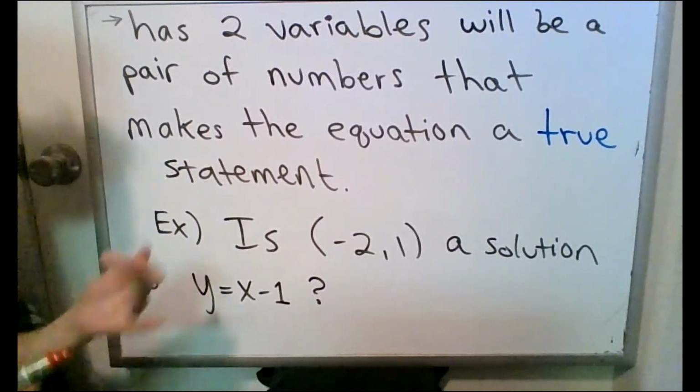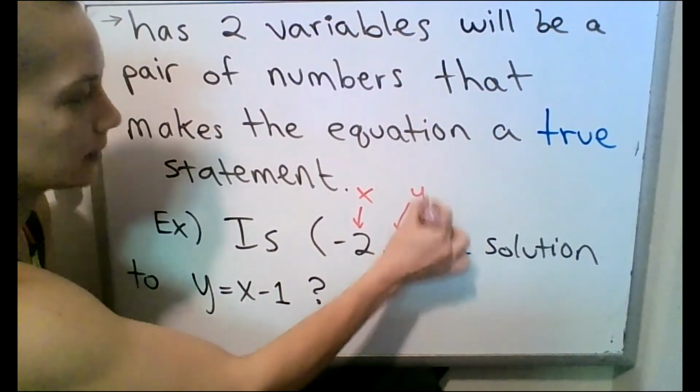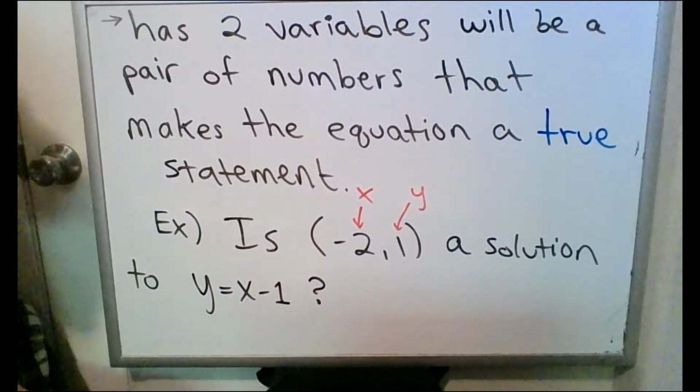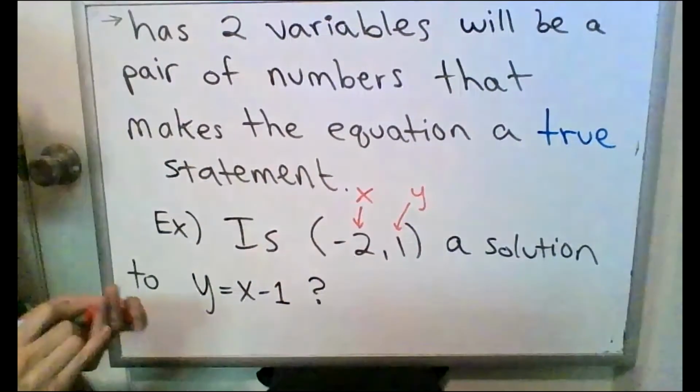All right, you have -2 for your x value. 1 is going to equal y. And then we put those numbers in to see if this will be a true statement or a false statement.